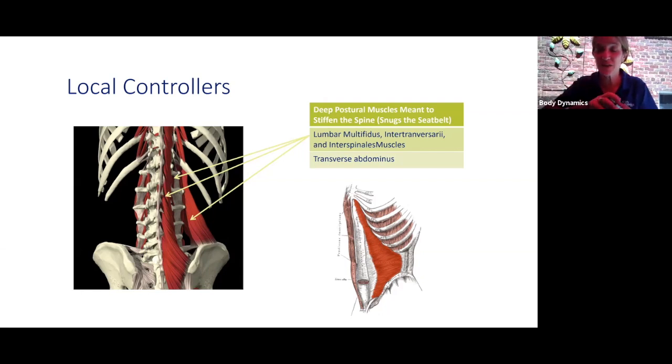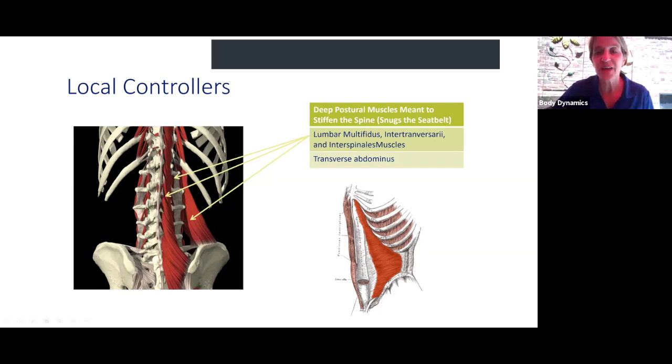If we're hoping to create some appropriate stiffness, we've got to get to the deep postural muscles. And how you exercise those muscles is very different from what we think about in terms of running, jumping, and playing. The other muscle that is important in terms of local control, or snugging the seat belt, which you may be more familiar with, and you certainly can get your hands on, is the transverse abdominis. This is important because its fibers attach to fascia in the front and fascia in the back.